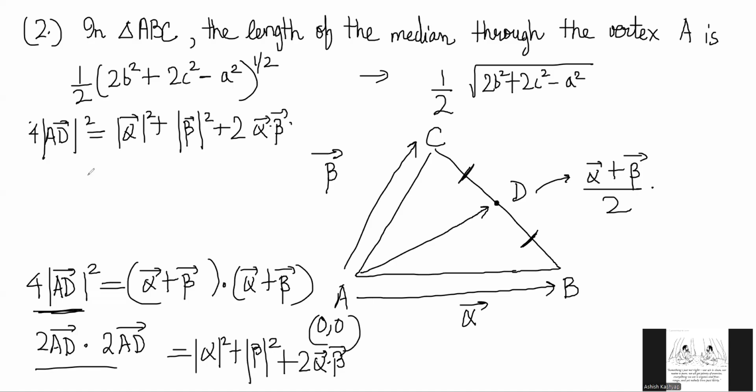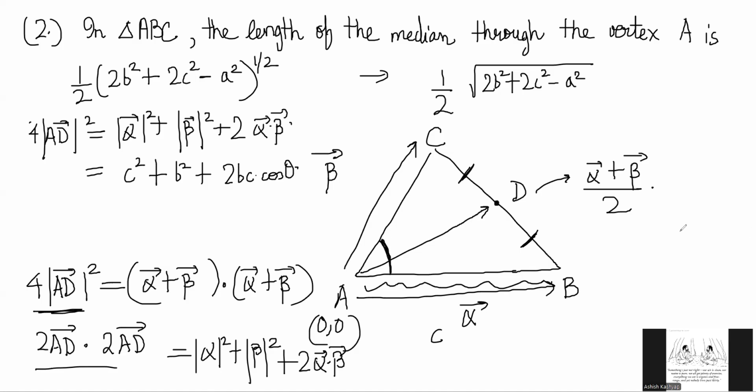So that is equal to mod of alpha square, which is basically the length of this side, right? And this side is called c in the triangle. So this is c square. Mod of beta square is basically b square, plus 2 alpha dot beta is 2bc cos theta, right? Cos theta is the angle between these two vectors.